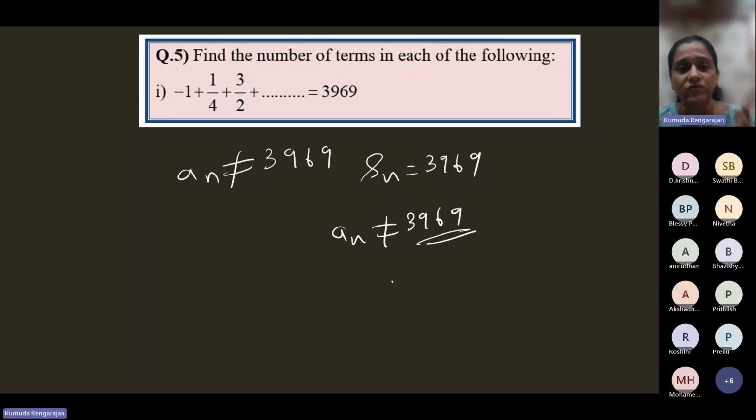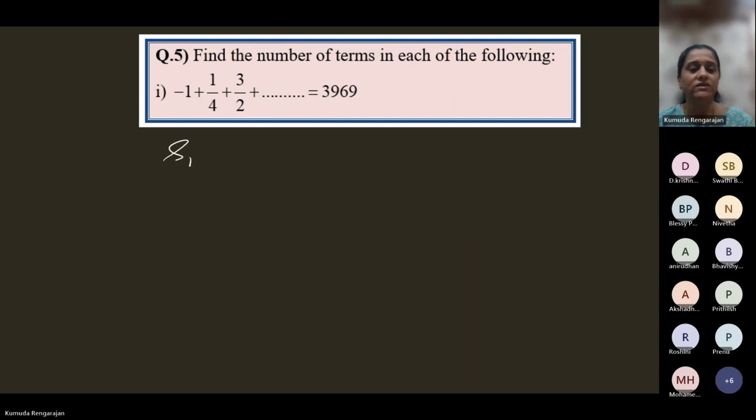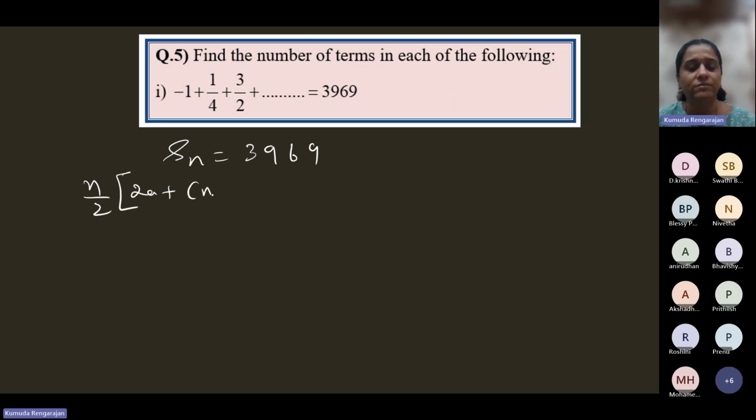The sum from the first term to the nth term, you can see the plus sign. The sum is 3969, which means Sn is equal to 3969. Sn is n by 2 of 2a plus n minus 1 into d is equal to 3969. We don't know n, we have to find n.